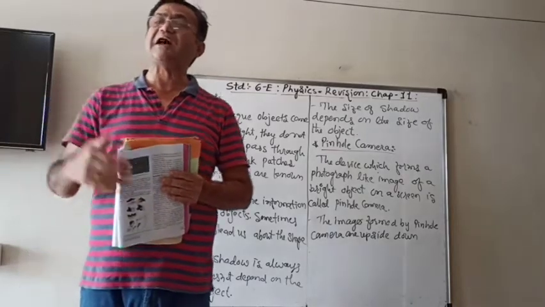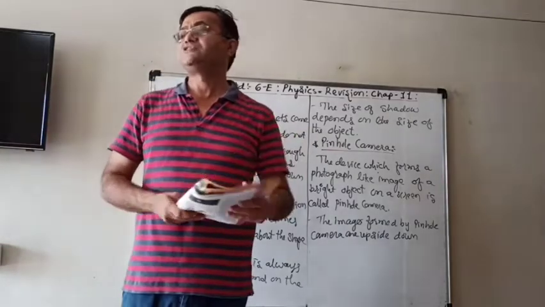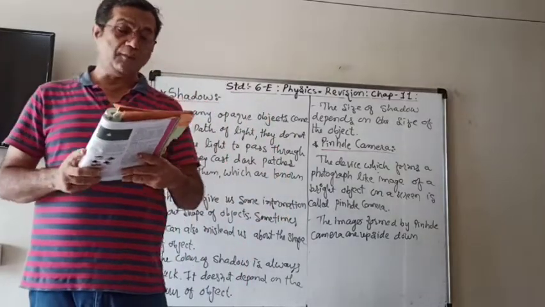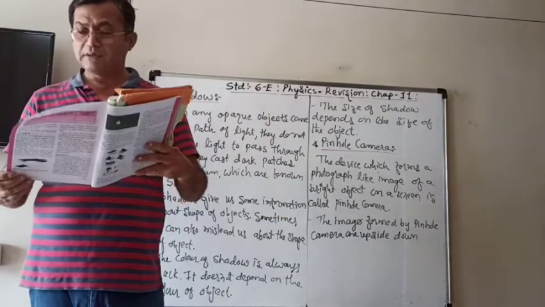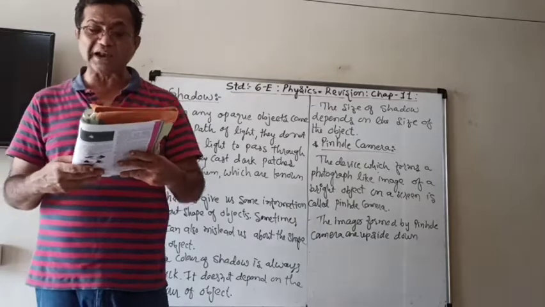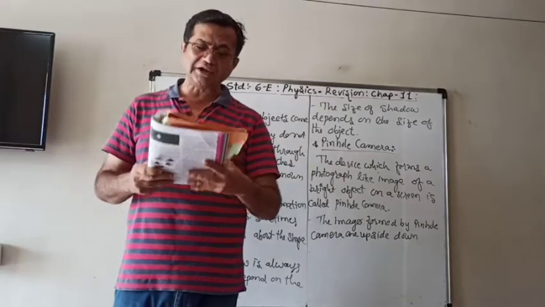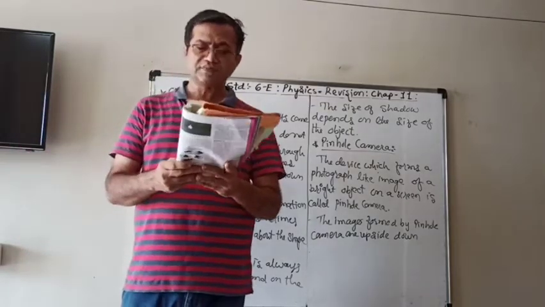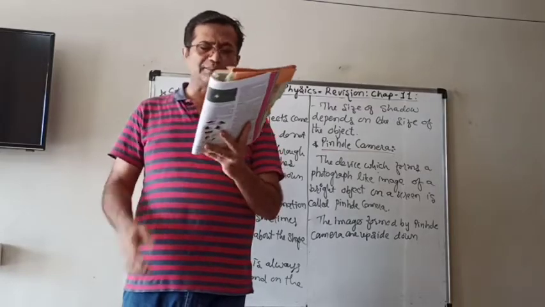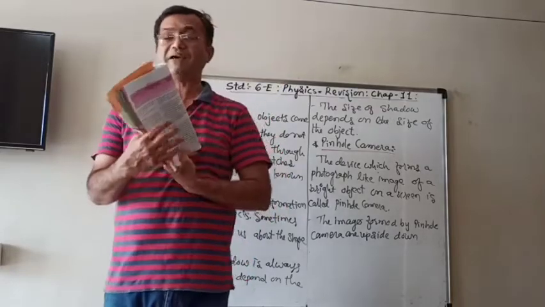It will be a little lighter than the shadow of opaque objects, because opaque objects do not allow the light to pass through, and therefore their shadow will be very black, dark colored.